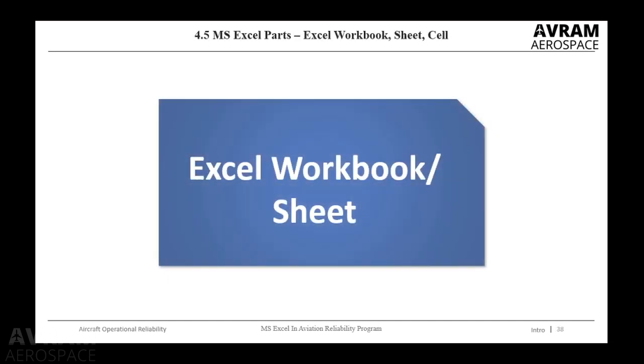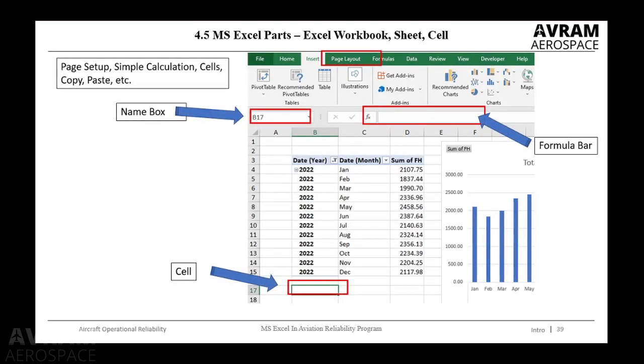Next, Excel workbook, Excel sheet. We can use it to set up the page, to set up the printing area, to do simple calculations, to work with cells, copy, paste, etc. For example, if we don't like how Excel built our pivot table or pivot chart or our table, we can just copy this data, go to, let's say, cell B17 and paste here.